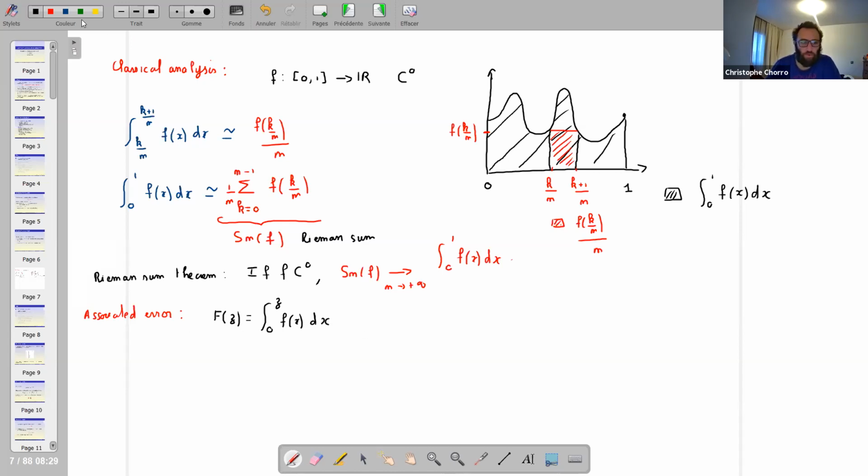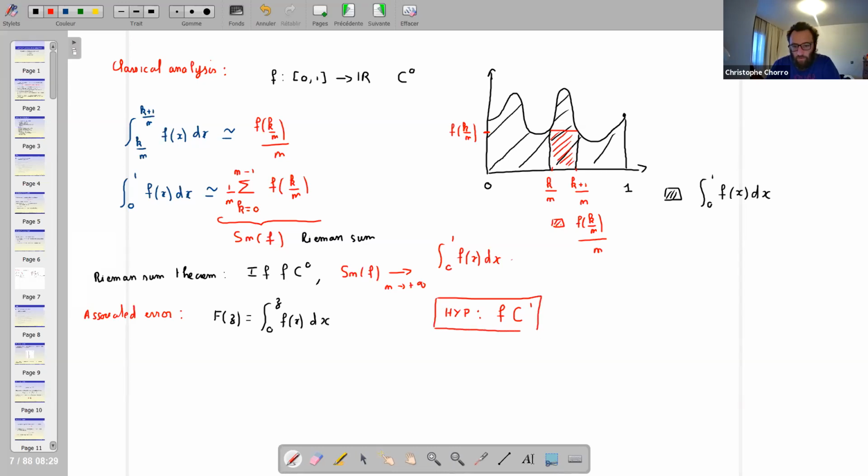If I want to control the error, I need to make an extra hypothesis on f: that f is not only continuous, the sufficient condition to ensure this convergence, but that it is C1.